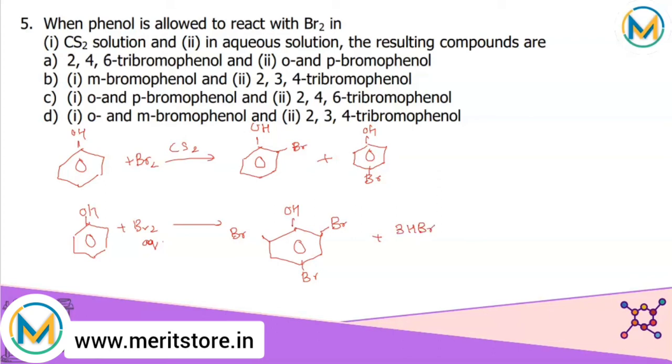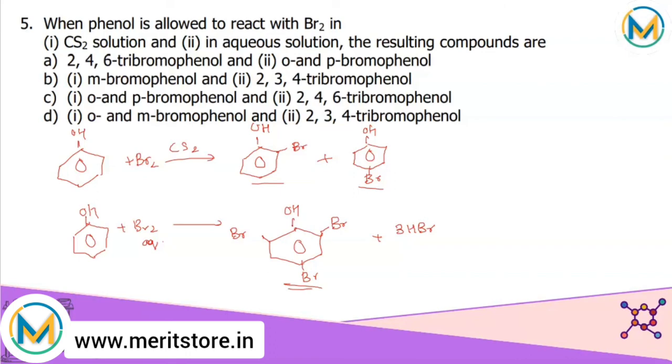Okay, so now in aqueous solution, phenol ionizes to give phenoxide ion, which highly activates the benzene ring, giving this tri-substituted product, while in the presence of carbon disulfide, an inert solvent, phenol is unable to ionize, due to which the benzene ring is only slightly activated, hence only mono substitution is possible, either at ortho or at para position.